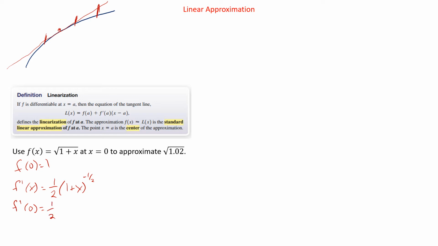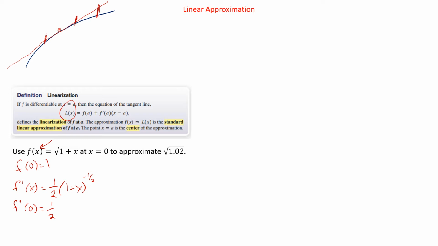So our linearization, we could use y equals, we could use L of x equals. Either way, we just don't want to use f of x because we already have f of x. F of x is here. A lot of times we use L of x because our function may have been called y equals. Rarely do we have a function called L of x equals.